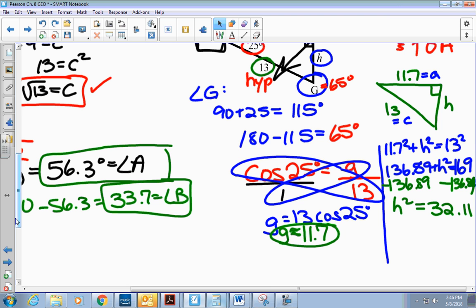Okay. Dylan, you're going to take it home for us and find the solution. You're going to square root 32.11. Should be somewhere between 5 and 6. 5.65.